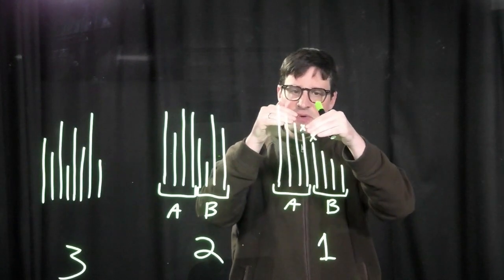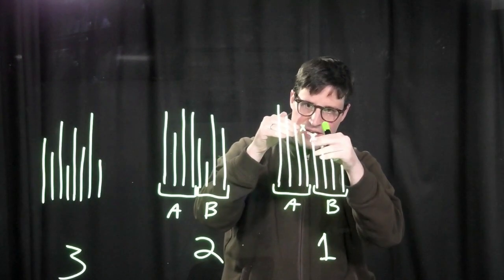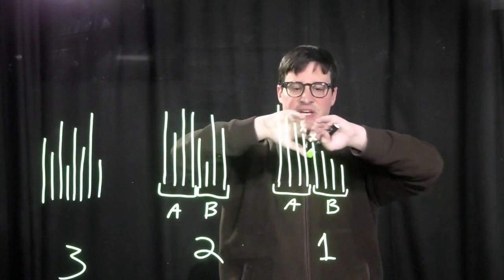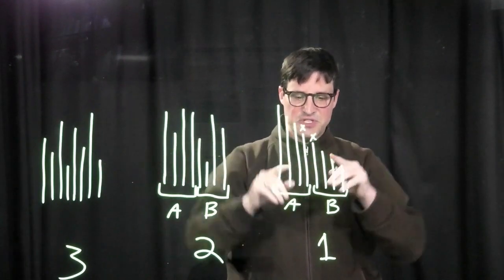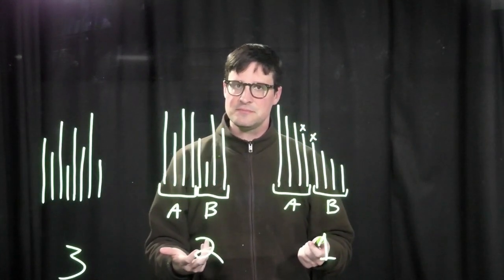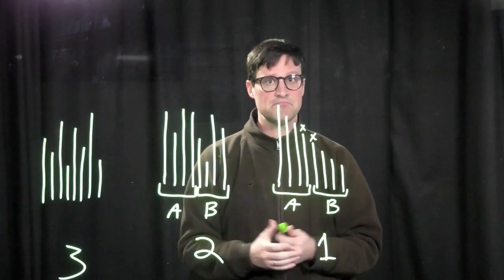And so what we do is we underestimate the short one here and we overestimate the long one here in order to accentuate those differences between the two groups, A and B. That's why it's called accentuation theory.